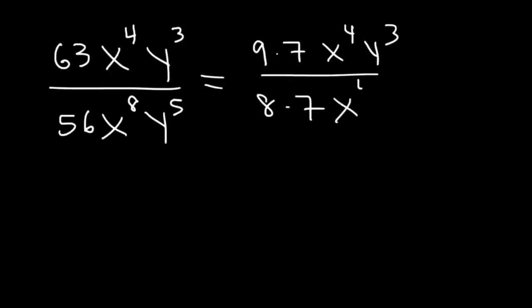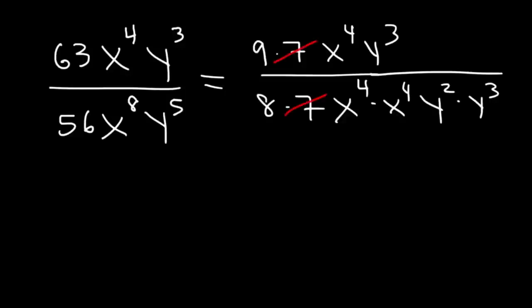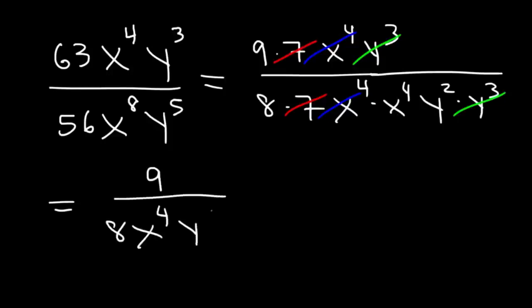X to the 8th is x to the 4th times x to the 4th. Y to the 5th is y squared times y cubed. 2 plus 3 is 5. 4 plus 4 is 8. And then I'm going to cancel the 7. I'm going to cancel x to the 4th. And I'm also going to cancel y cubed. So my final answer is 9 divided by 8 x to the 4th y squared.